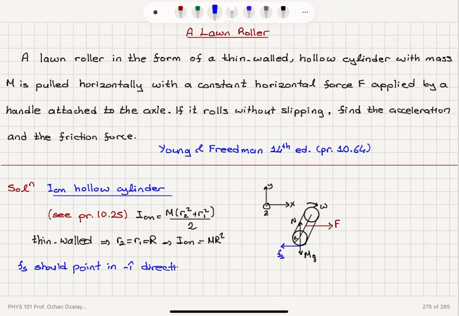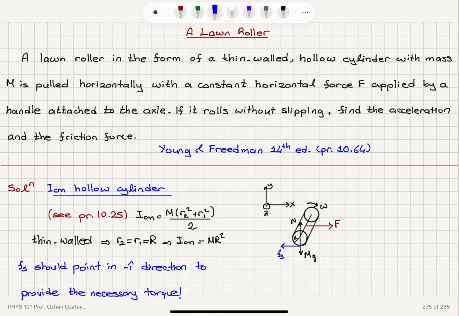And how did I find the direction of the static friction? I need an agent that can provide the necessary torque. So this is the force that's providing the necessary torque for rolling without slipping.